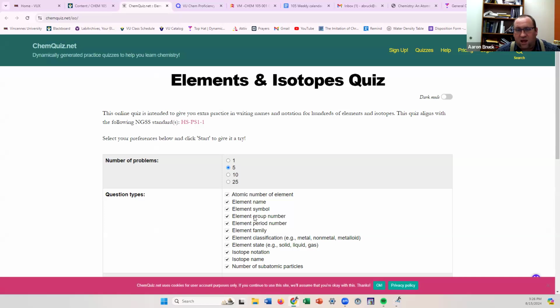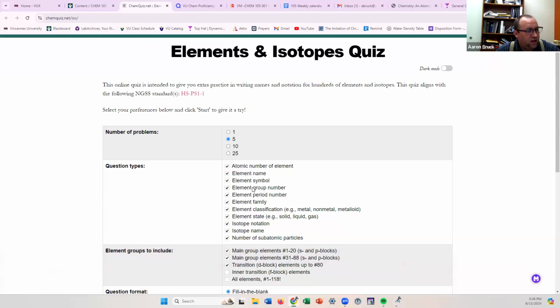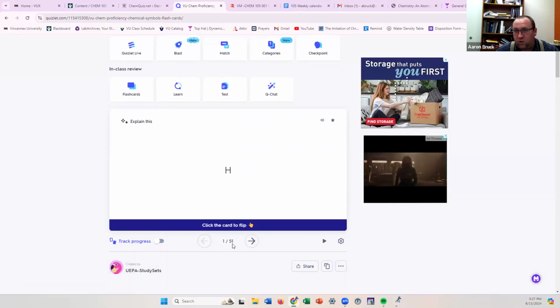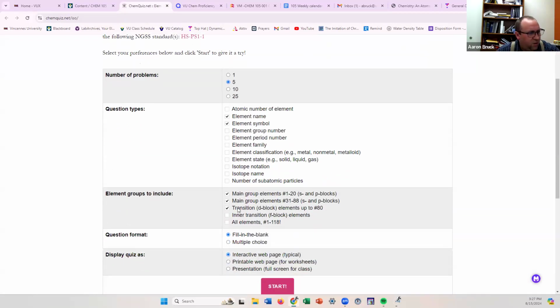ChemQuiz is an automated quizzing service where you can make your own quizzes to prepare for things. In this particular case, I just need element name and symbol. I don't need all of this other stuff. Now I can't pare this down to the specifics like I could here. There were 51 elements on the list. This isn't quite that way.